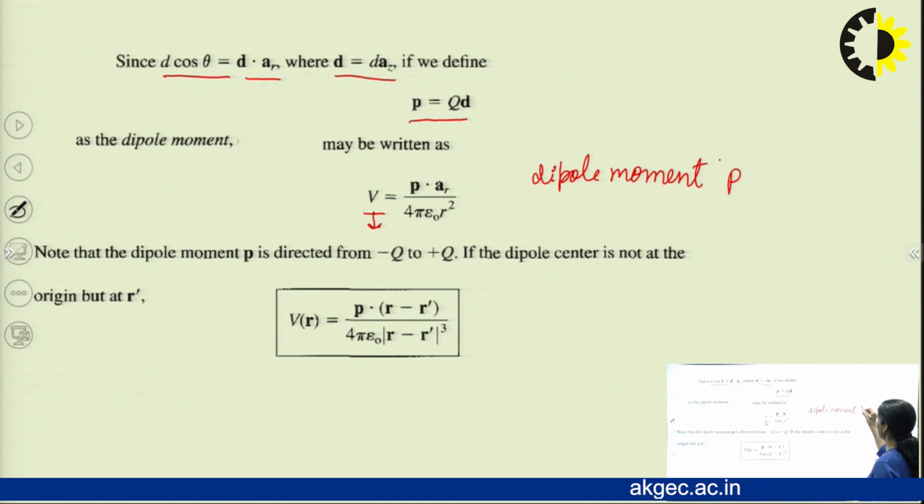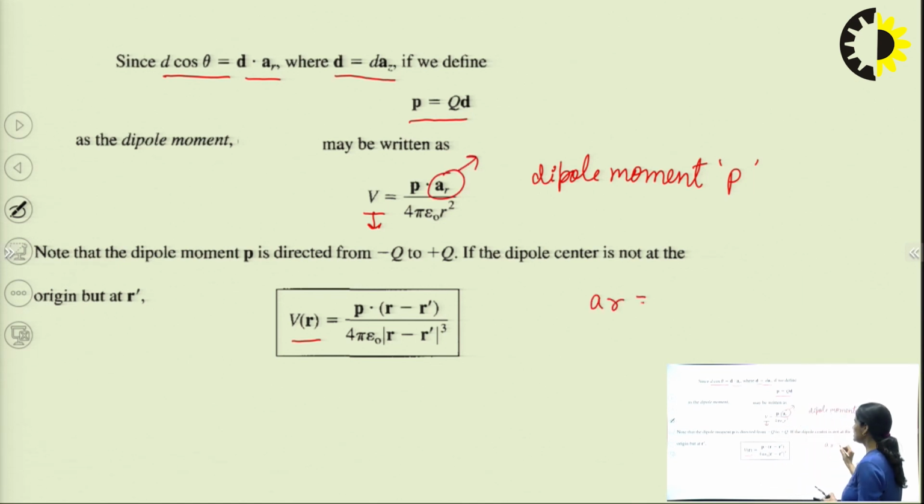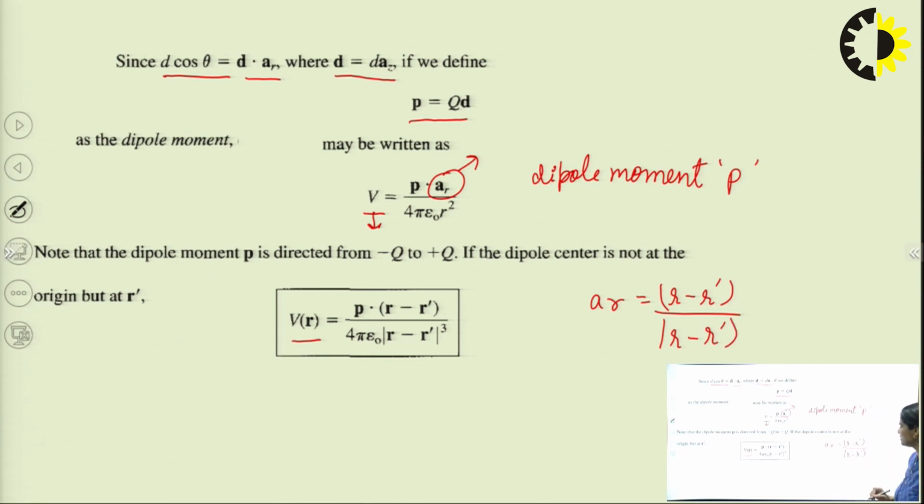Now this represents the dipole moment, which is represented by P. So it is from minus Q to Q, and if the dipole center is not at the origin but at R dash, a point R dash in the figure, then you have to write the unit vector R in the form of R minus R dash upon magnitude of R minus R dash.